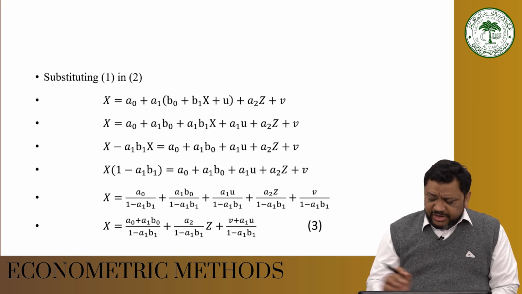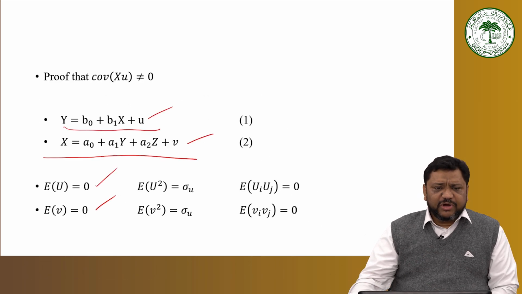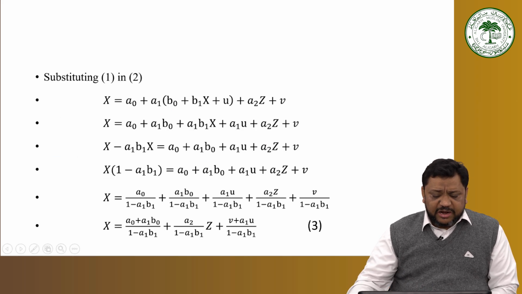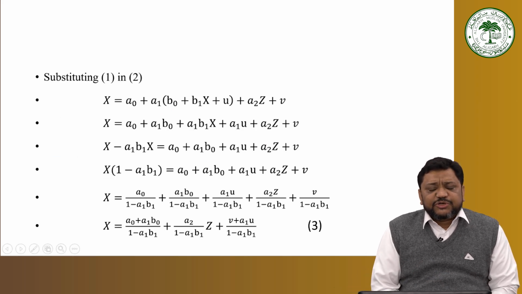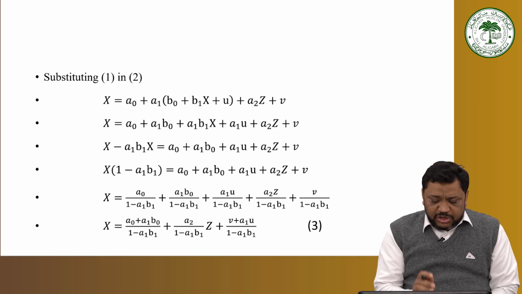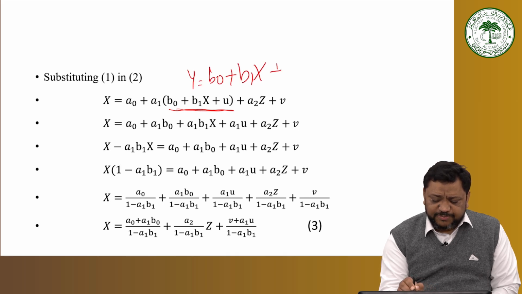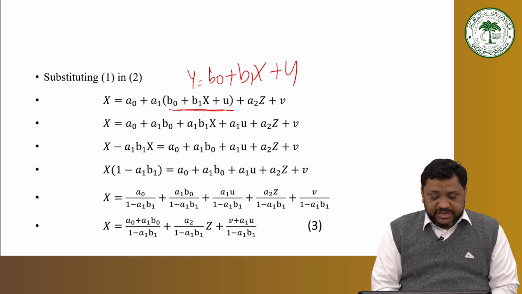Now we have the two equations, 1 and 2. This is equation 1 and this is equation 2. We are substituting equation 1 in equation 2. So now we have this equation of y, which is nothing but y is equal to b naught plus b1 x plus u. We are inserting it into the x equation.